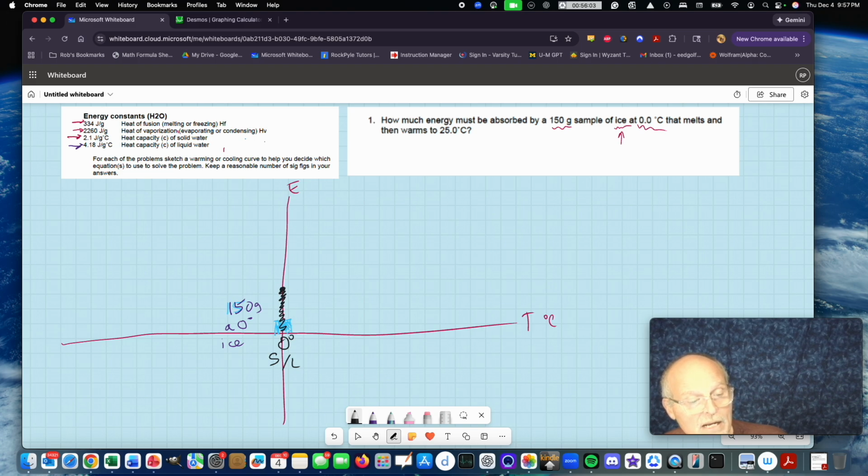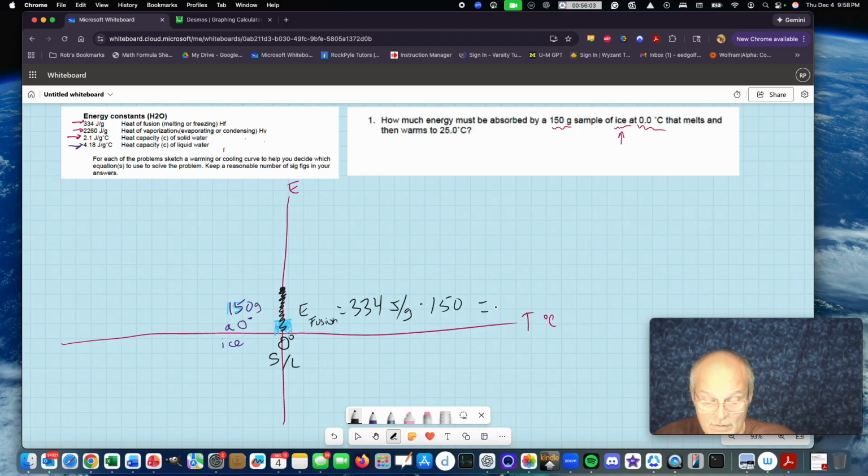And my energy of fusion for solid water is 334 joules per gram, times the number of grams I have, 150, is 50,100 joules.